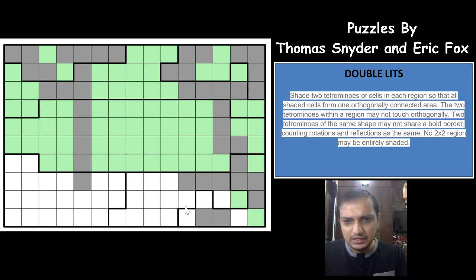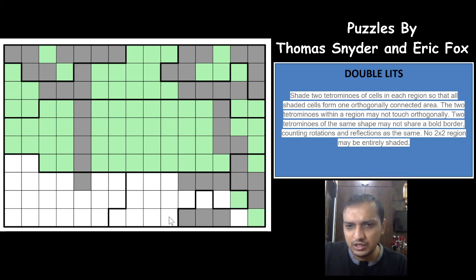Is there any way? There is no way, right? So what I mean is that this tetromino will have to connect to this tetromino, and this tetromino will again use the second tetromino in this region to connect to the other group of shaded cells, which means that in either case, either this cell or this cell, okay, not this cell, so this cell will have to be used and connect to the second tetromino to get connected to the other group of shaded cells, and that actually should give you something.